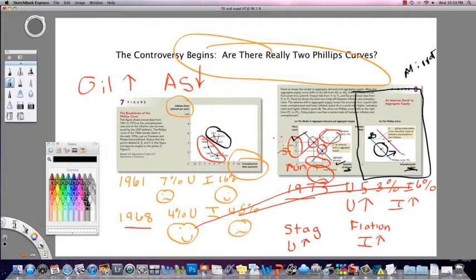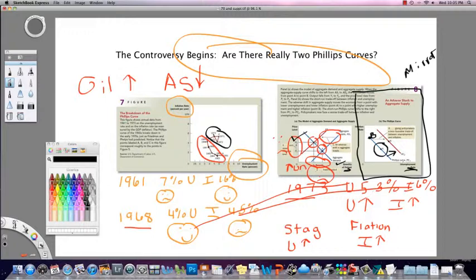So what we learned was that it is possible for the Phillips curve to actually shift due to an increase or decrease in AS. Here I showed you an example of a decrease in AS caused by the oil crisis. It could work the other way.